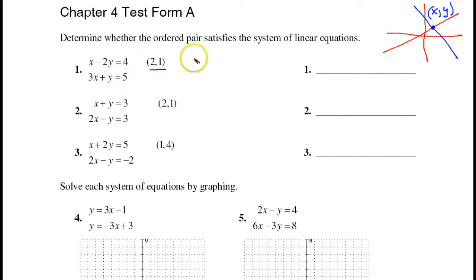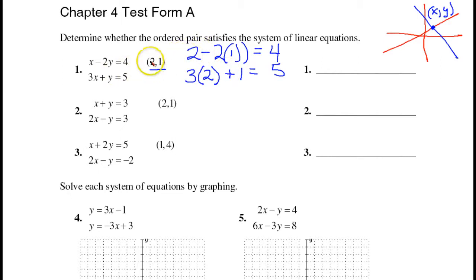So the strategy for doing it is to replace the x here with a 2, and it's minus 2, and then the y with a 1, and see if that equals 4. And then we do the other one, 3 times our x, which is 2, plus 1, whether that equals 5.